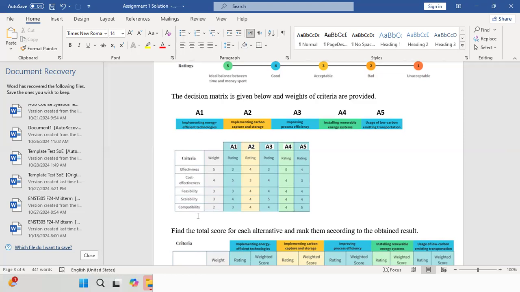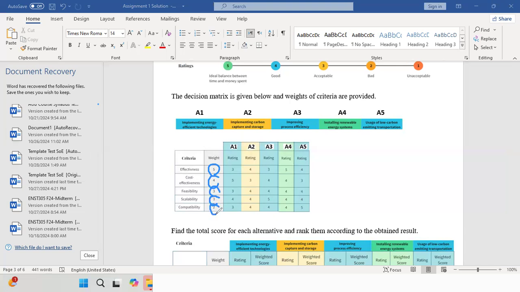So this is another way to consider weights. Instead of having a total of 100, if you want to scale them, you can, but since they didn't ask in this problem to do this, you can keep the numbers as they are. Here I give 5 points for effectiveness, 4 points for cost effectiveness, 3 for feasibility, 3 for scalability, 2 for compatibility.